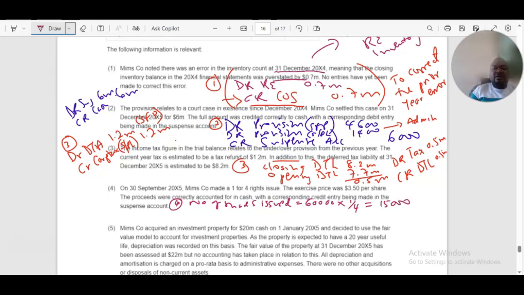And what is the exercise price? From the note it is $3.50. So we need to multiply this by 3.50, and we get the proceeds from the rights issue.